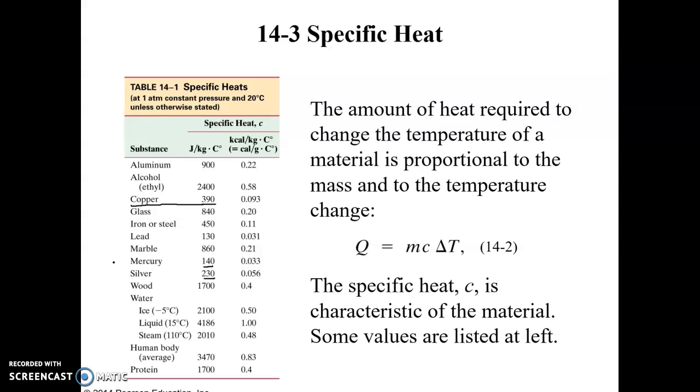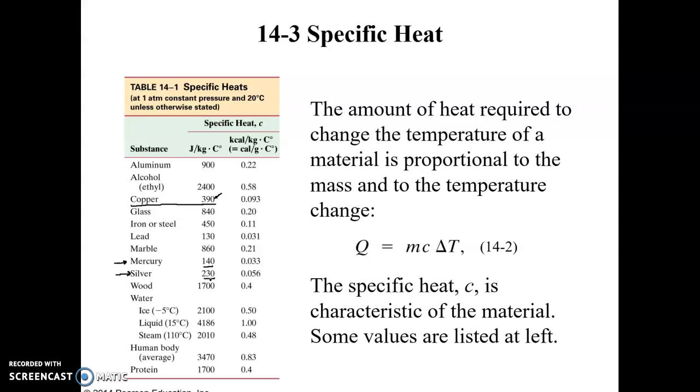Same thing with mercury, although mercury is liquid at room temperature, so we can't make a pan out of mercury. But we have silver. Now, silver is sort of a precious metal, so it doesn't get used a lot for common household or industrial items. But if we wanted to, we could use silver to make cooking pans with. It would also heat up even more quickly than copper.